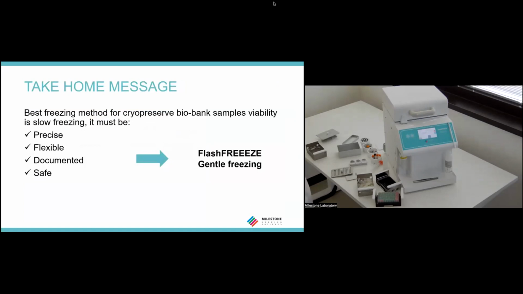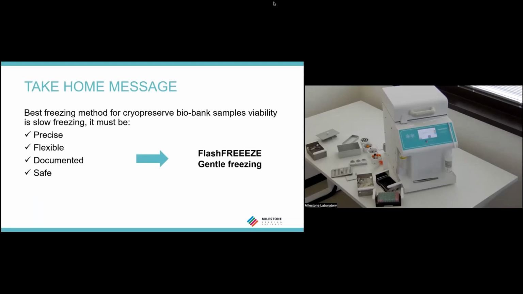Now, to conclude, I would like to sum up what I have discussed today. In Flash Freeze, we have the gentle freezing that is without liquid nitrogen, so safe for the operator. It follows precisely the desired freezing rate. It is flexible because it allows different freezing speeds and can freeze a sample in vials and also in cryomolds.